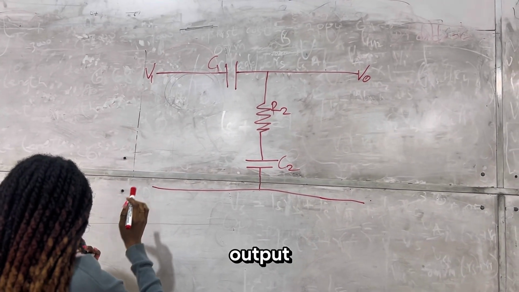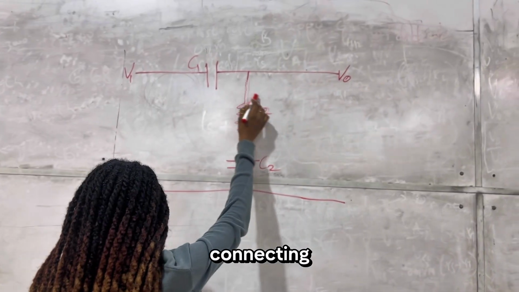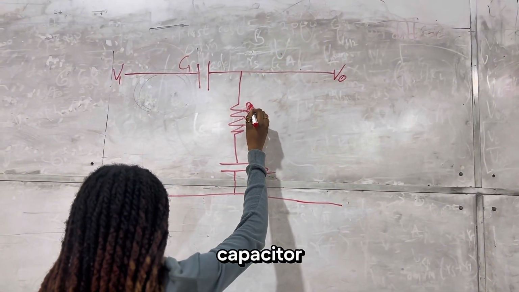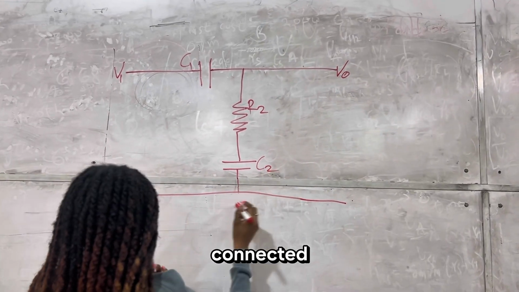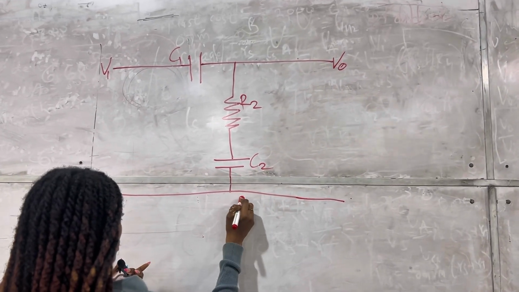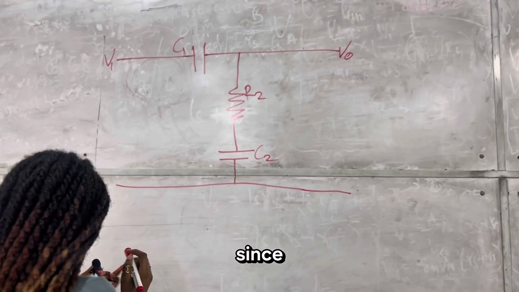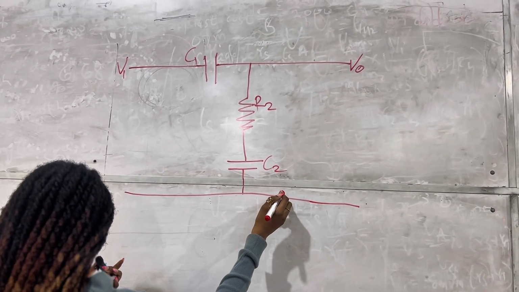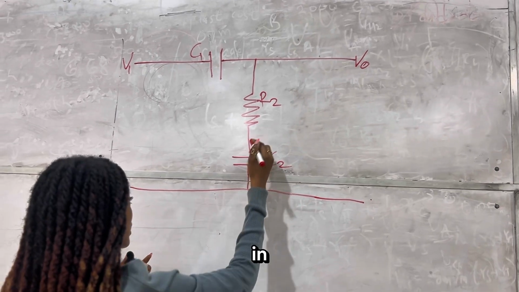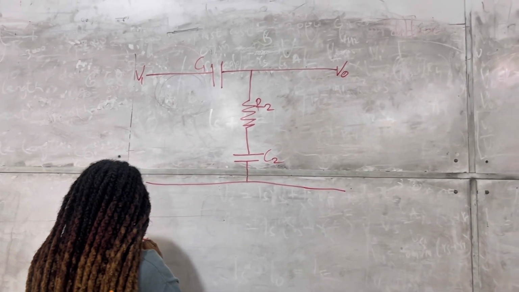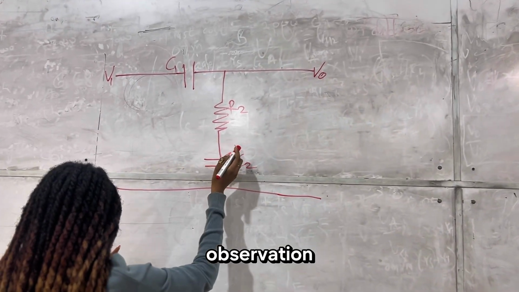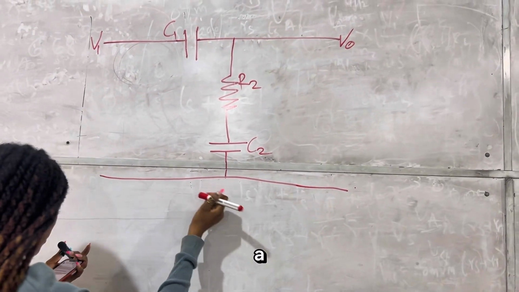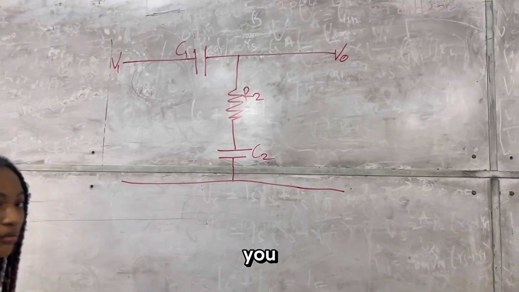At the output node, a branch connecting resistor R2 and capacitor C2 is connected to ground. Since these two components lie on the same branch to ground, they are connected in series. This observation is critical because it tells us the circuit behaves like a voltage divider.